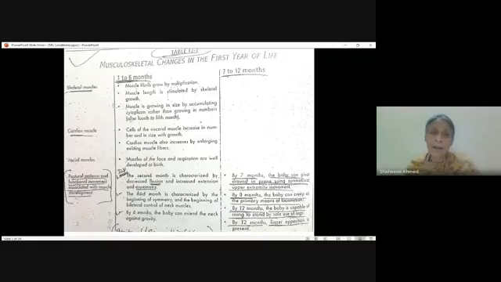Now we look at the 7 to 12 months age group. By the time the baby is 7 months old, the baby can pivot around. By that we mean that the baby is able to move his upper limbs in a round fashion.